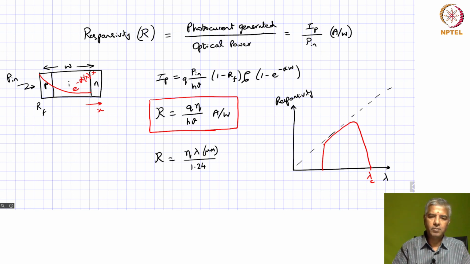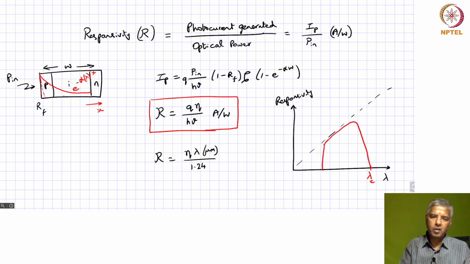So if alpha is very large, then all your absorption is happening within a very thin slice, okay. As you go shorter and shorter wavelength, your absorption starts happening over thinner and thinner regions, and you get to a point where all your absorption is happening right at the surface, okay, and that of course generates an electron hole pair, but then there's a very high density of electron hole pairs generated, and the electrons for example start colliding with each other, and then they have to traverse this entire region where they can get reabsorbed and all that.